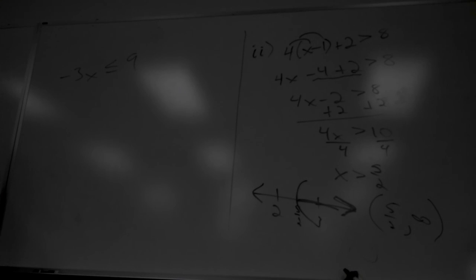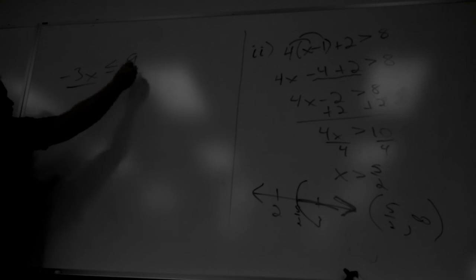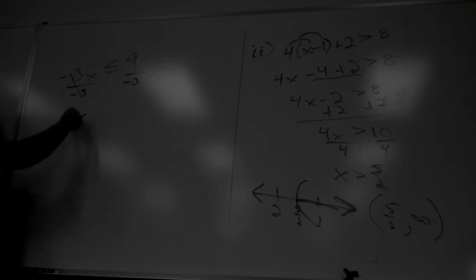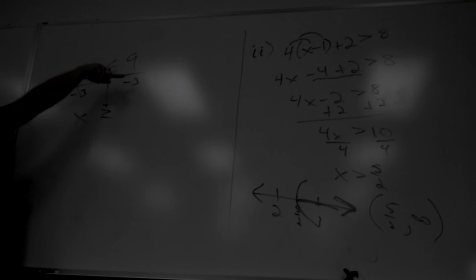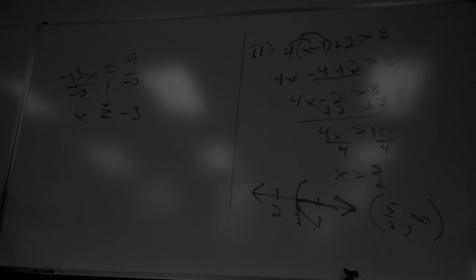If you divide or multiply by a negative, then you have to switch the sign. So what am I dividing by? Negative. So x is greater than, good, that has to switch. And that is -3. And then you can graph it, interval notation it.